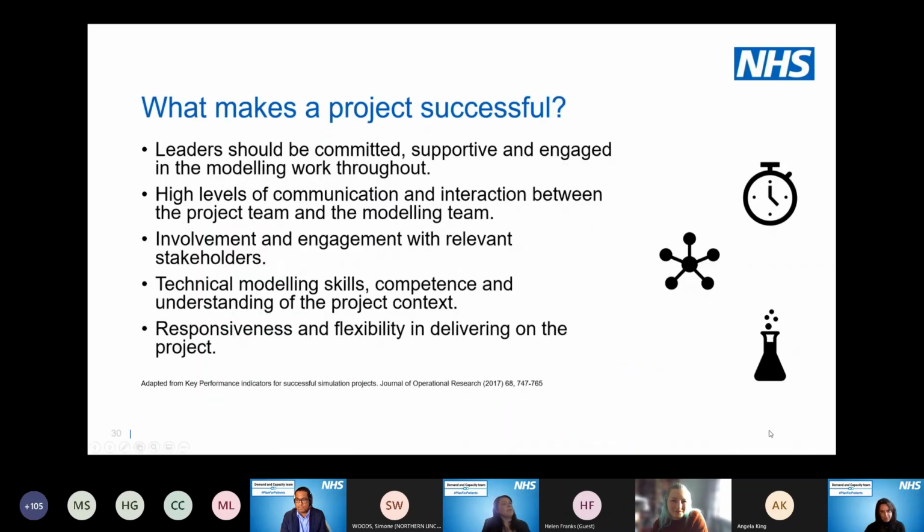So what makes a project successful when you are modeling? For me, from the experience we have now, because we've been working with ICSs for almost a year, there needs to be leadership commitment. They need to not only be ready to work on the outputs and recommendations of that modeling, but also be committed to free up time for analysts.